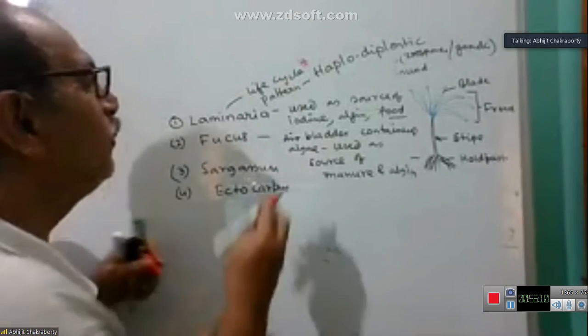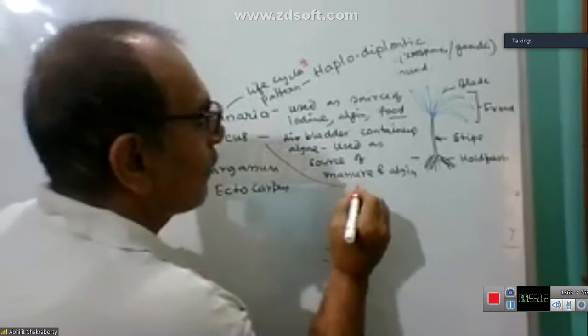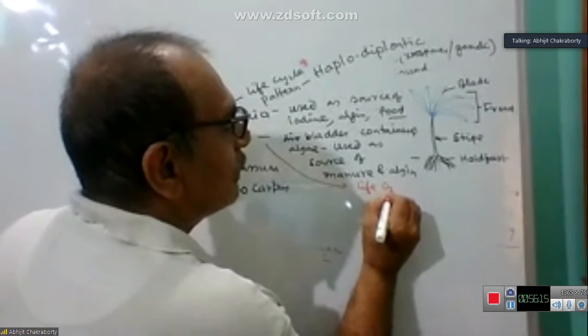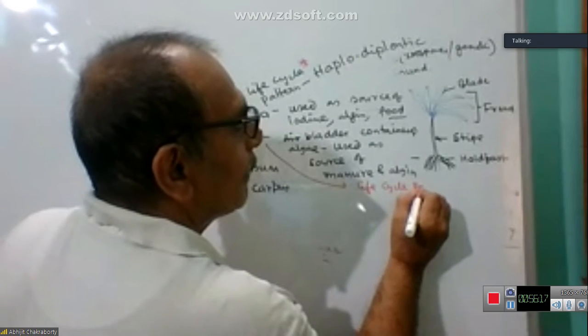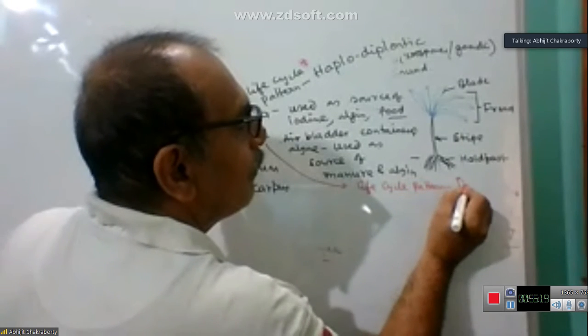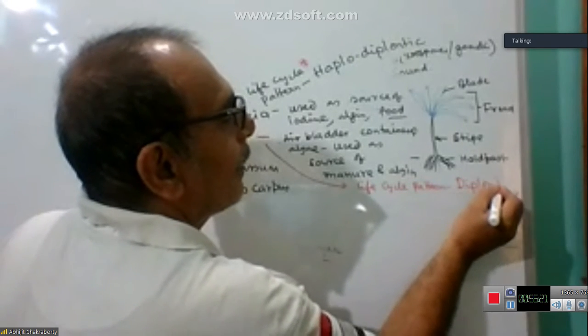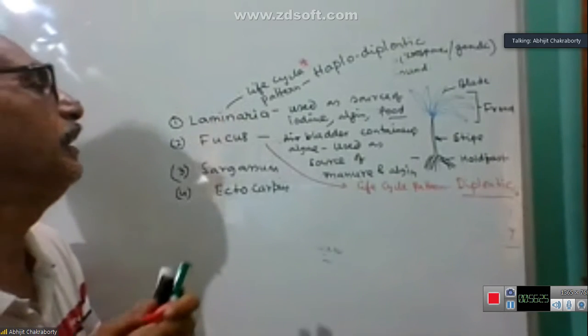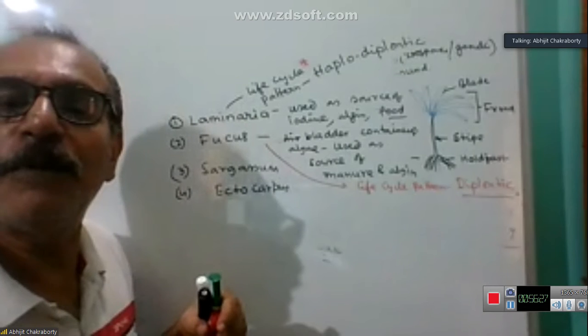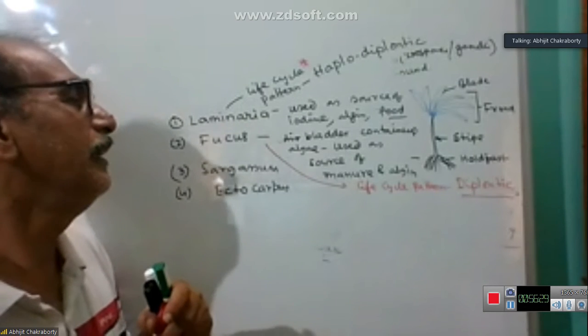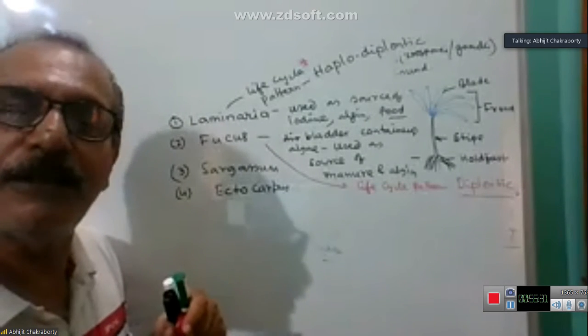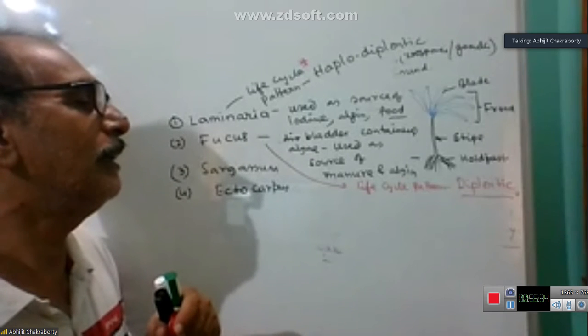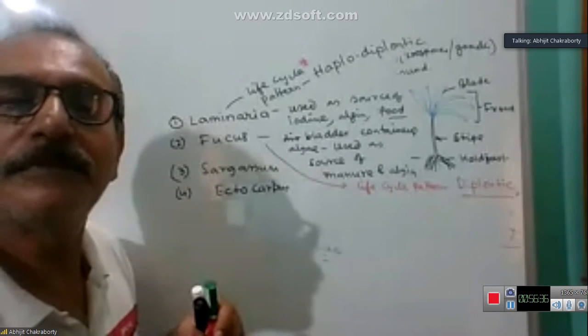In Fucus, the life cycle pattern, you need to remember, is diplontic. In Laminaria, it is haplodiplontic, although it is an alga. In Fucus, although it is also an alga, the life cycle pattern is diplontic. Is it clear?